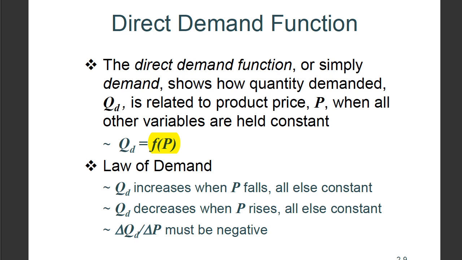All else constant, all the other variables unchanged. So what we mean by that is if you were to look at any snapshot in time and fix all those variables from one moment to the next and only change price, we expect quantity demanded to go down.